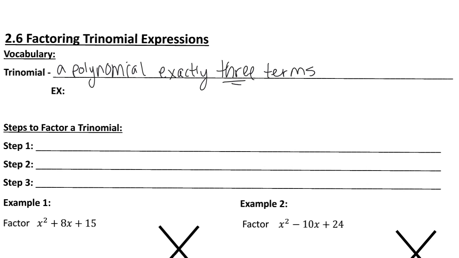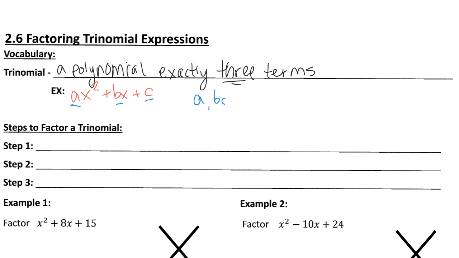Okay, so that 3 is important. And the basis for a trinomial is going to be ax squared plus bx plus c. I know that kind of looks like gibberish, but these a, b, and c values are real numbers.